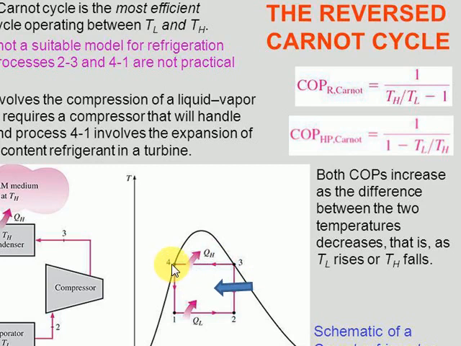So state 4 is again on the saturation curve, but the state is liquid, and state 3 is on the saturated vapor curve, so the state is dry vapor. 4 to 1 is the expansion process, an isentropic process, carried out in the turbine.